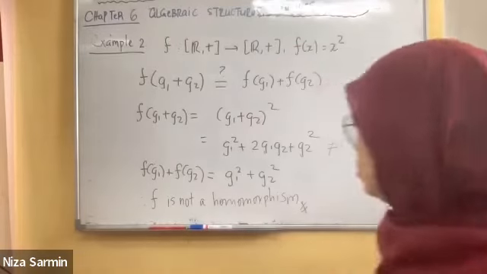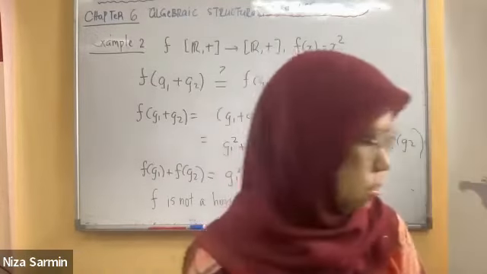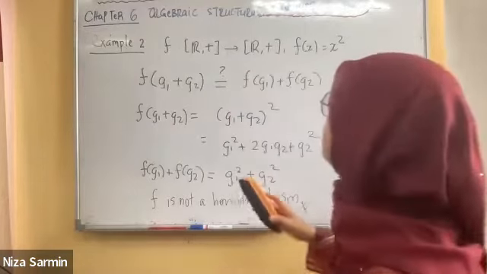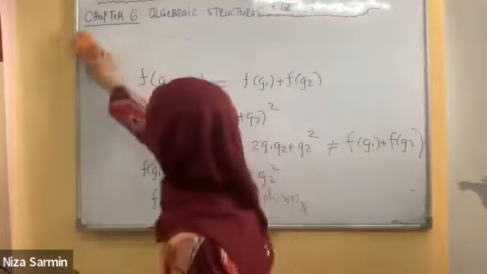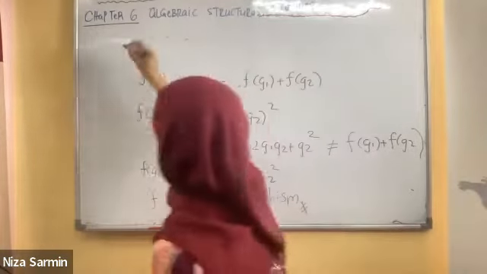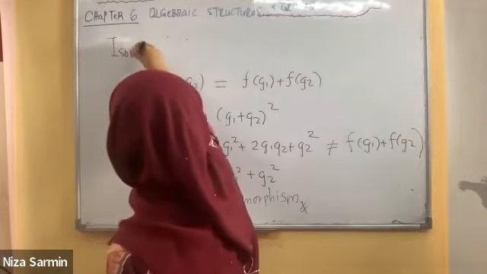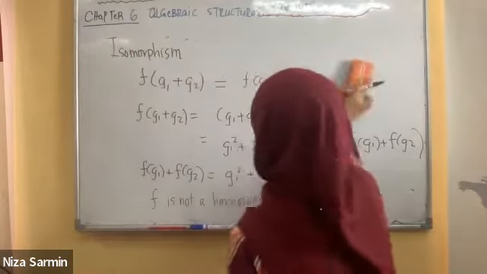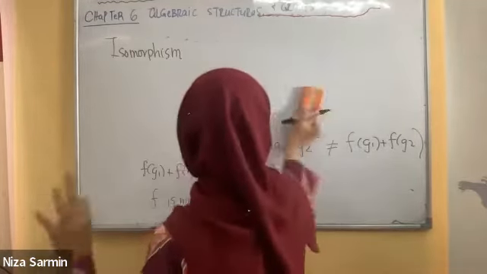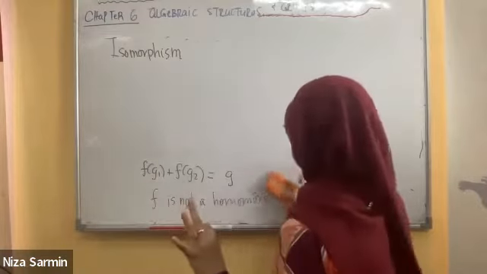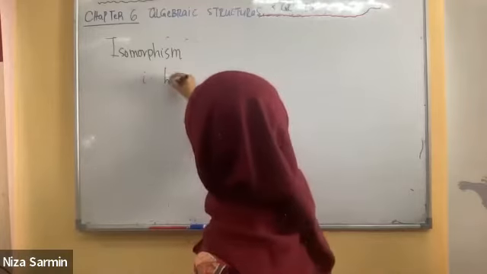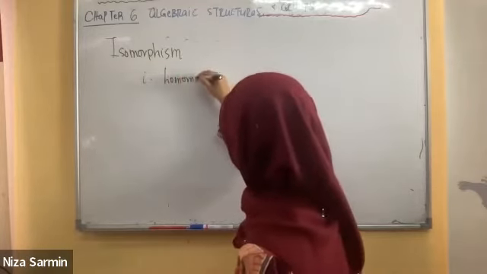All right, so for isomorphism, it's an isomorphism if it has three properties. The first one is it's a homomorphism.